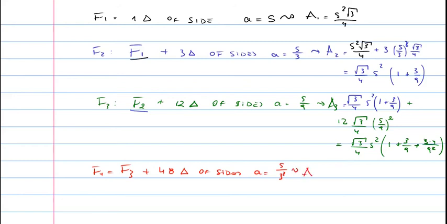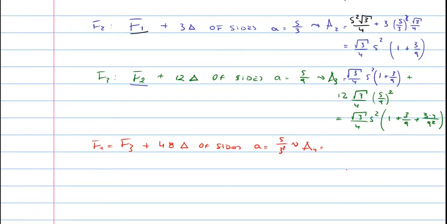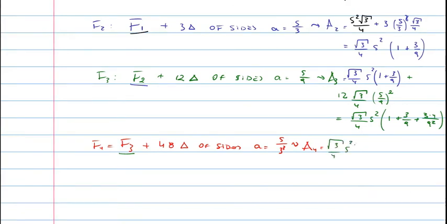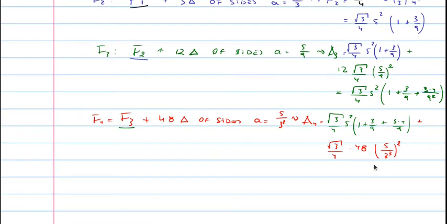So A4 is going to be the area we just calculated, and to this we have to add square root of 3 divided by 4 times 48 times (s divided by 3 to the power 3) squared.